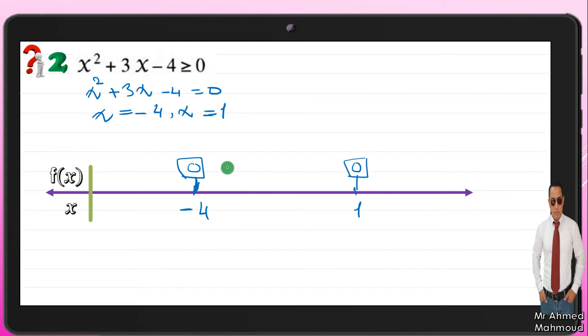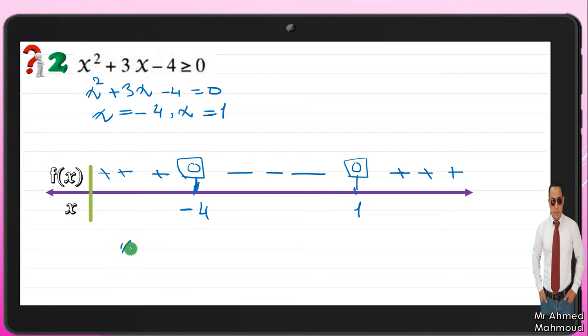In between there are the opposite to x power of 2, which are the negative, and outside we have the same as x power of 2, which are the positive. I need the function greater than 0 and equal to 0. So I need the positive and 0.